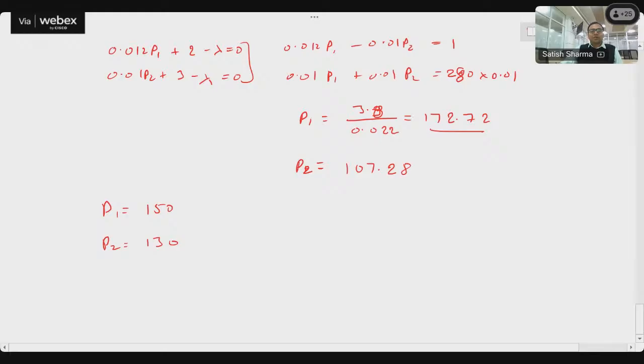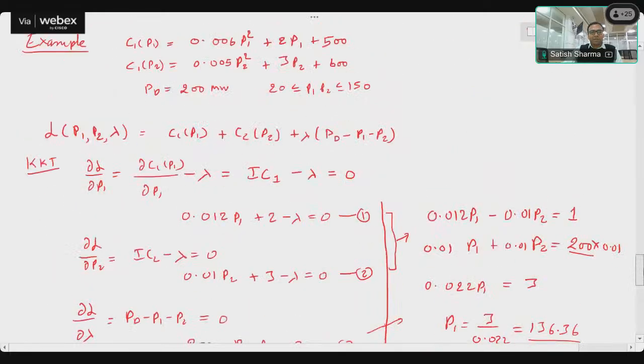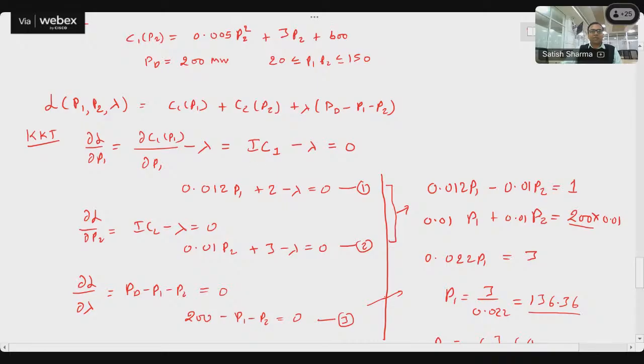Now, when we calculate lambda, or I would not call it lambda now, I will call it lambda 1, which equals the incremental cost of 1. If you go back, this is what we have written here: incremental cost of 1 minus lambda equals 0. Here, I want to calculate the incremental cost with the solution we have obtained after enforcing the limits.